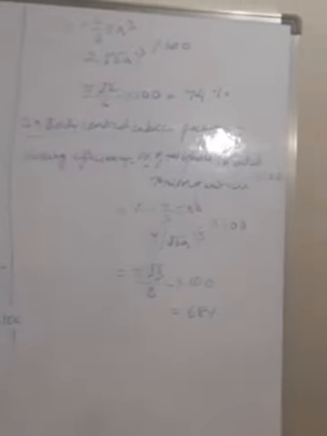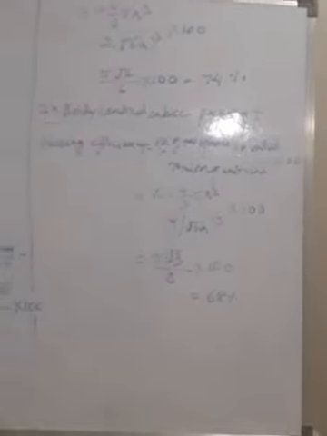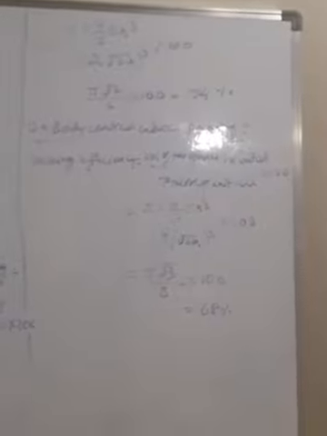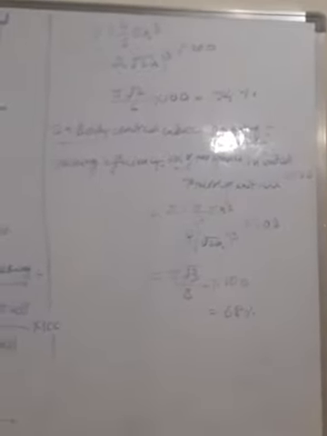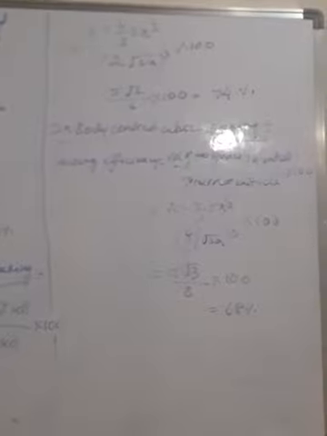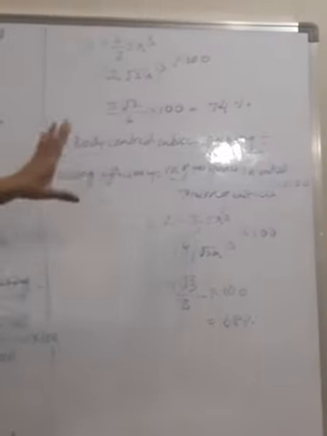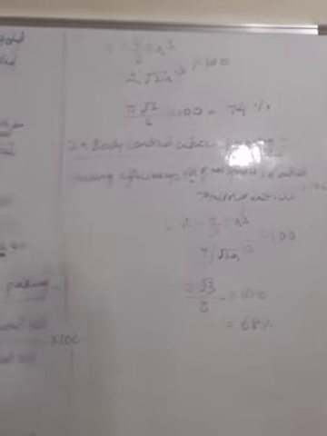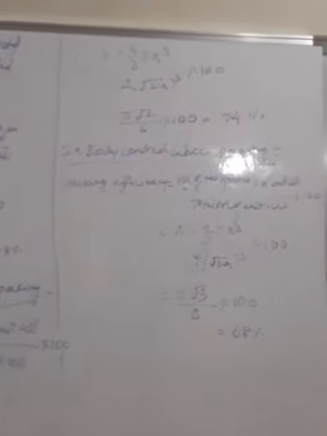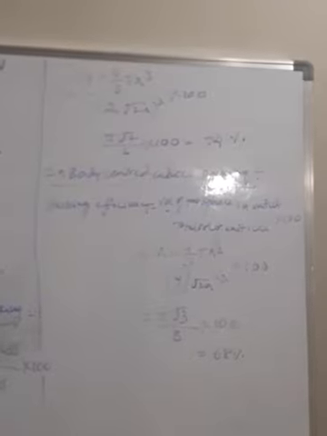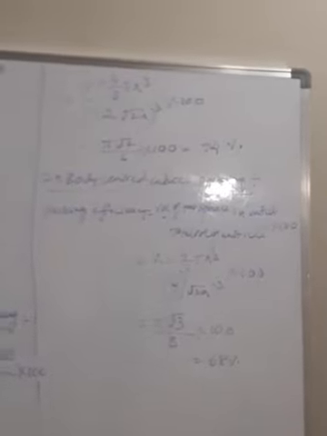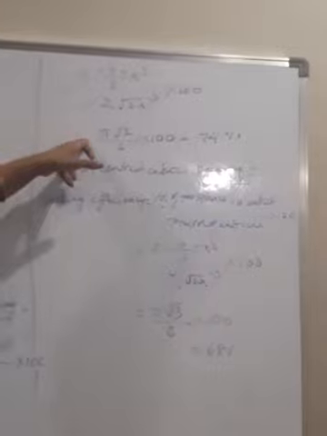So in hexagonal close packing, HCP, or cubic close packing, or FCC, the packing efficiency is 74%. So 74% of the space is occupied by spheres. That is the packing efficiency.